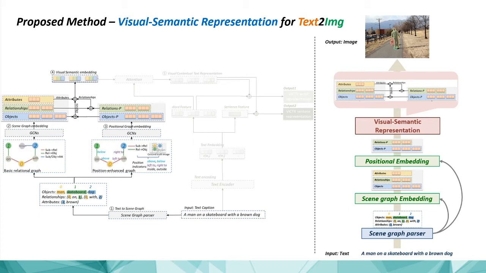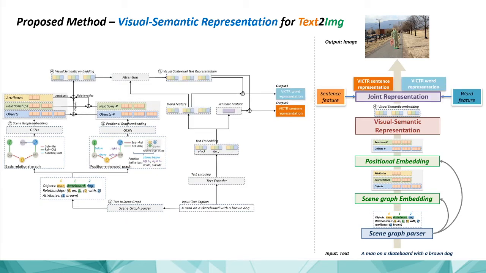Then for each object in one scene graph, the object embedding is finally concatenated with the attribute embedding, as well as the corresponding relational embedding, to produce the final visual semantic embedding. So we can say that this final embedding will represent the semantic and geometric information of the object, relation, and attribute in one image.